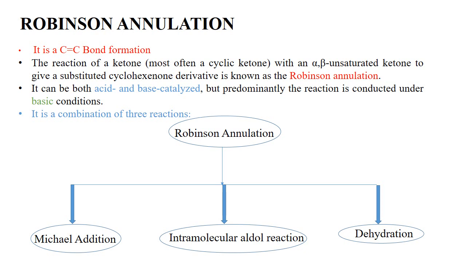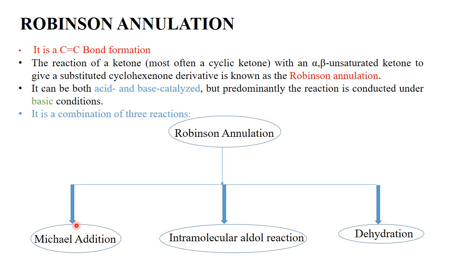It means one of the reactants of Robinson annulation reaction is a simple ketone. That ketone reacts with an alpha beta unsaturated ketone to give a substituted cyclohexanone derivative. Then this reaction is called Robinson annulation reaction.